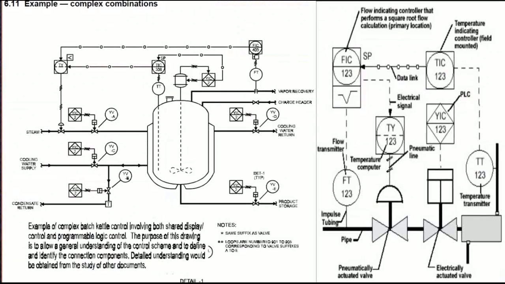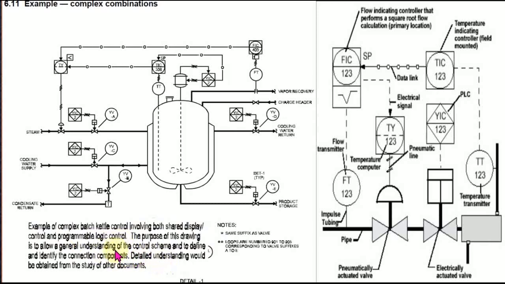So here I have to explain. I'm not using my camera now to have a full view of this diagram. So this is a complex example combination. Here is an example of a complex batch kettle control involving both shared display control and programmable logic control, which is PLC.